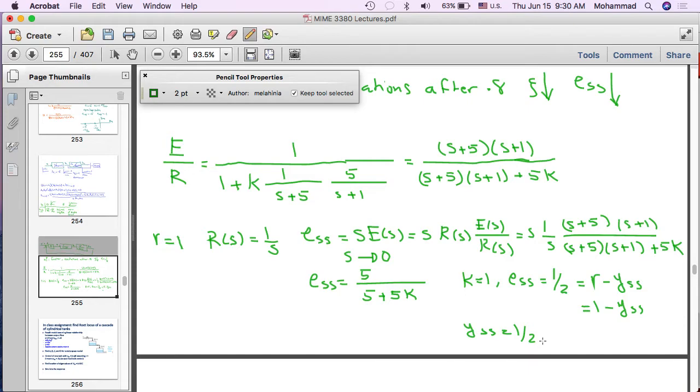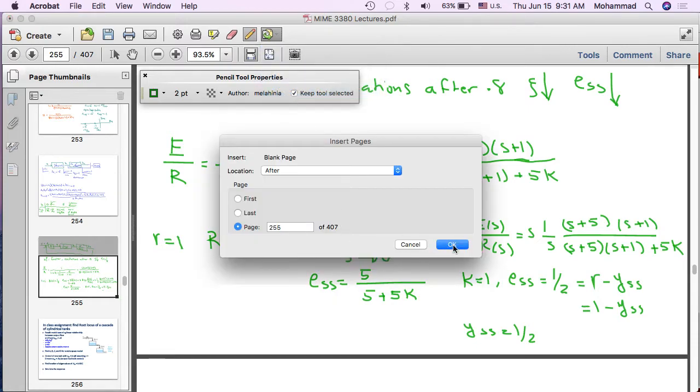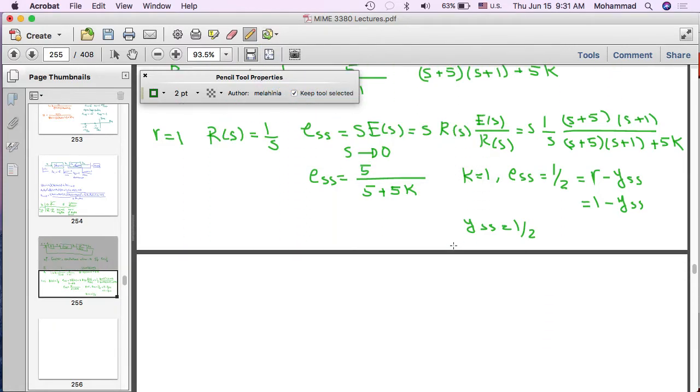So we found steady state error. You can also find Y steady state. You can also, by the way, find H1 steady state from the same thing. So I'm going to again challenge you to find a transfer function between R and H1.